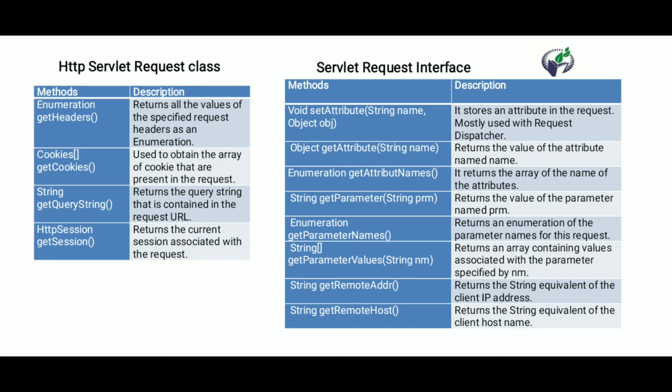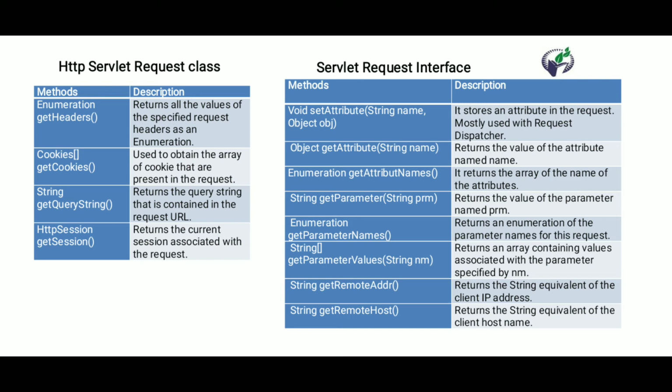All these methods are used to fetch the data of the servlet. Using the get headers method you can fetch the headers which are passed along with the request to the server.